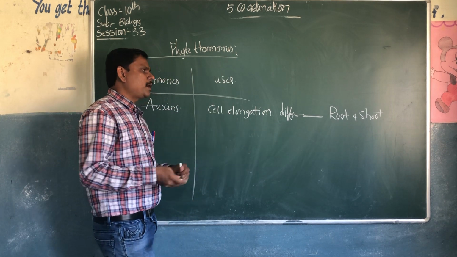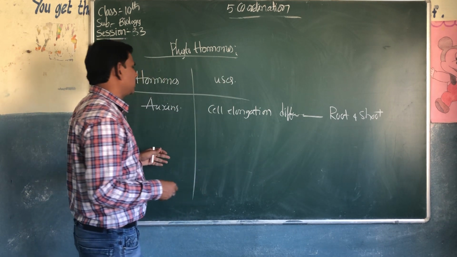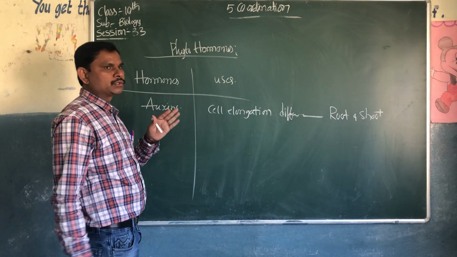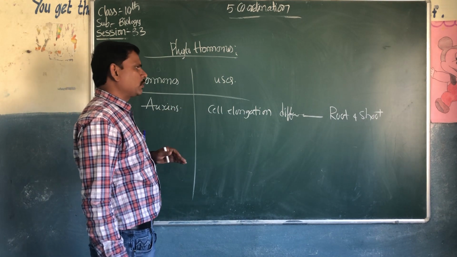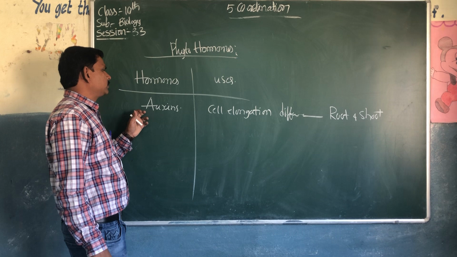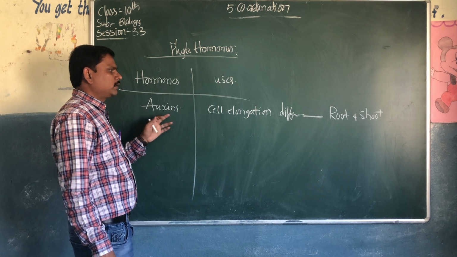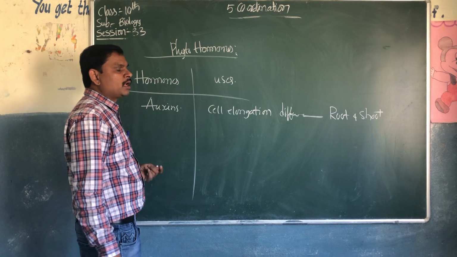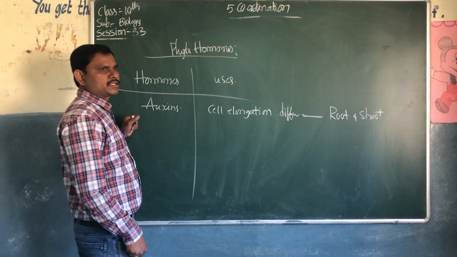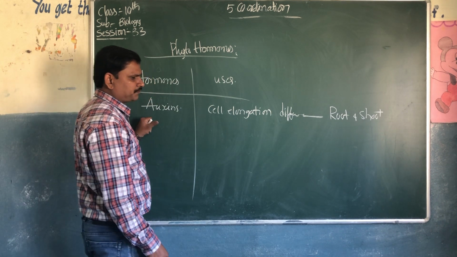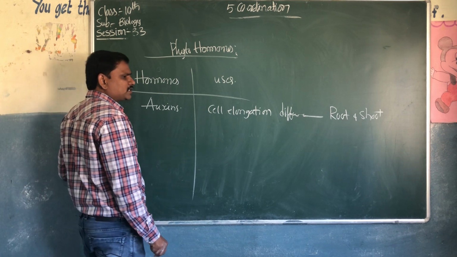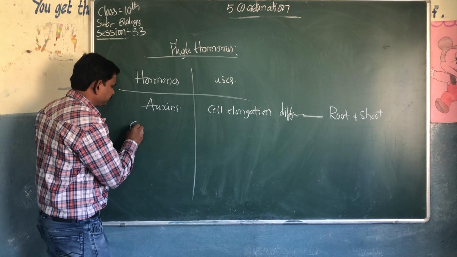This is the major difference between the root system and the shoot system as they grow in the plants. Due to this hormone, we can see cell elongation and the differentiation of root system and shoot system. Next one is cytokinins.